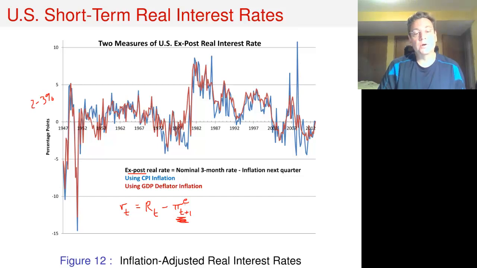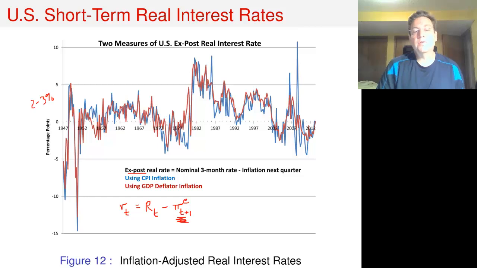How did that happen? Well, inflation turned out to be much higher than people had expected or had built into their calculations when they determined what nominal rate they would be willing to lend at. And then we have some more negative periods in the late 50s, and then it sort of hovered around what I think is essentially the mean.